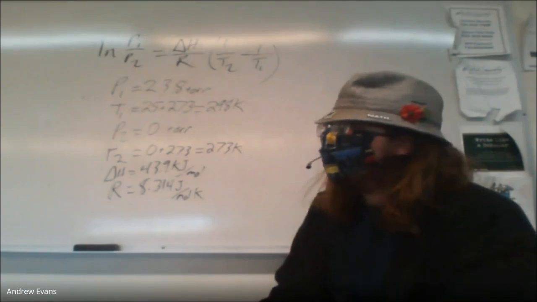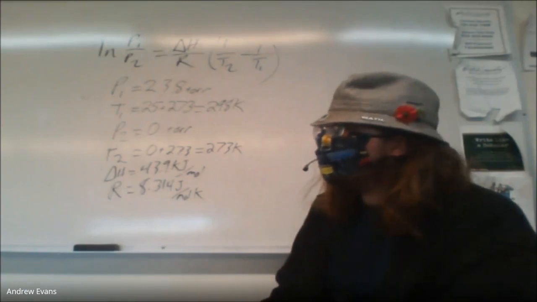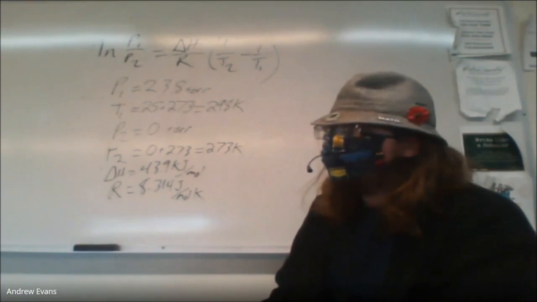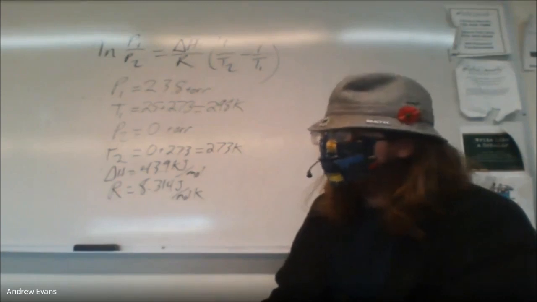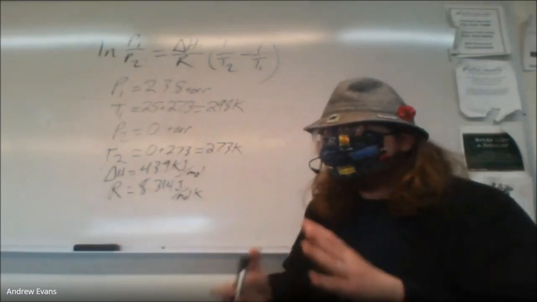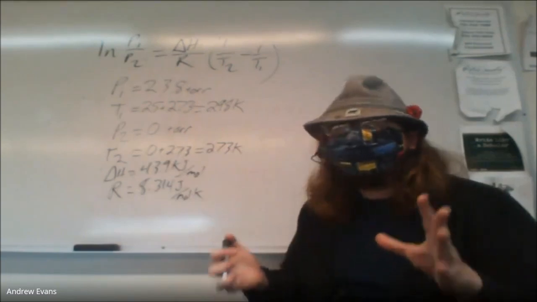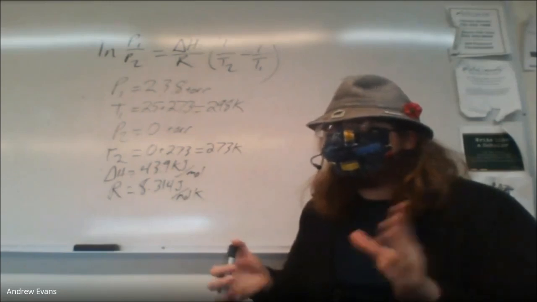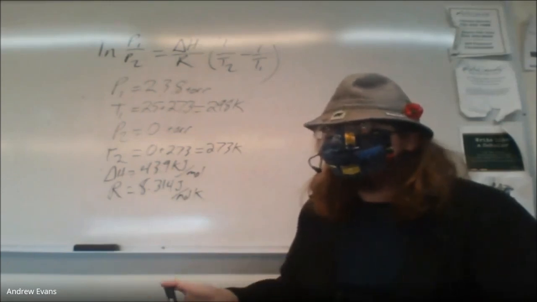So we could actually swap things up and make our lives a little bit easier. As long as we keep the pressure and temperatures linked together, it doesn't matter which one we call P1 and T1 and which one we call P2 and T2.